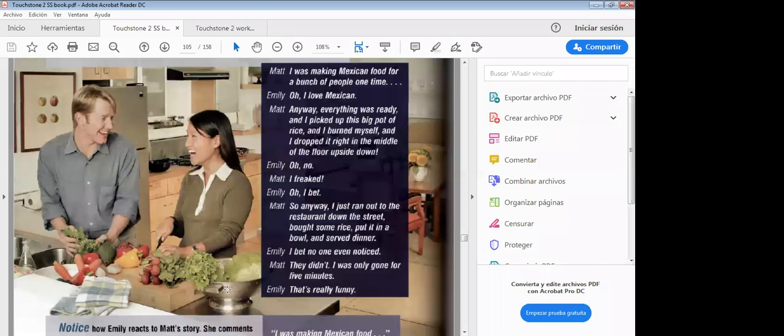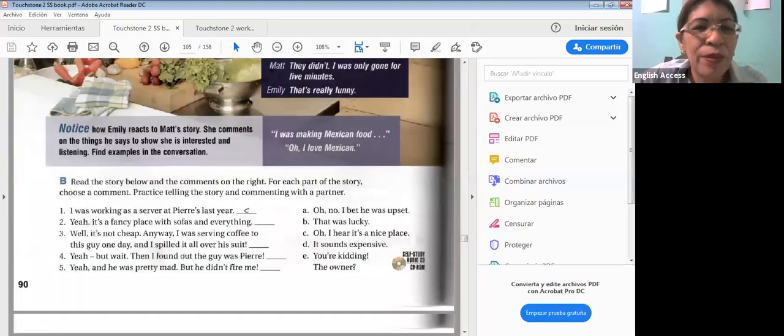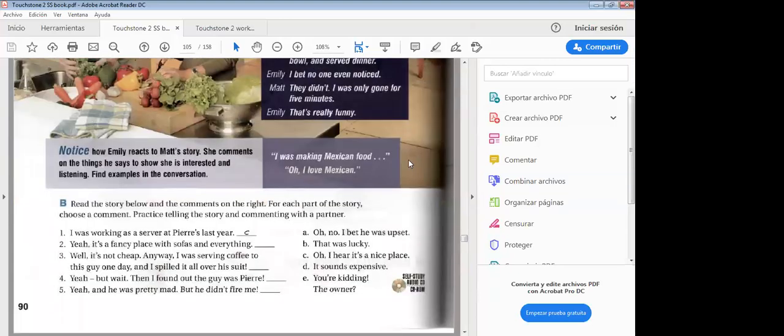They are cooking. Well, here Matt is going to tell a story. I'm going to play the audio, so you're going to listen and follow the conversation in your book. Okay, Luis? Okay, teacher. Let me look for the audio.